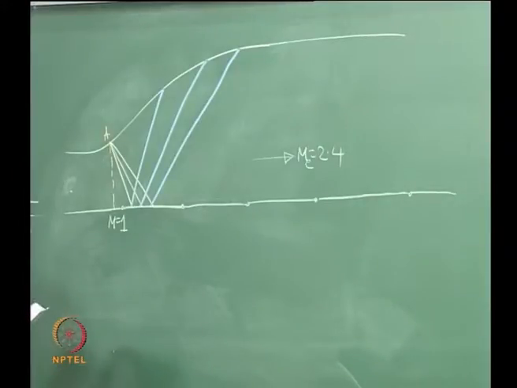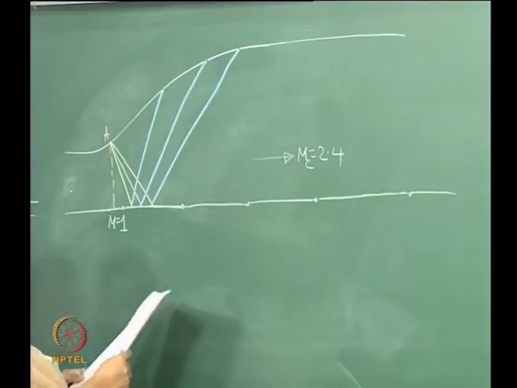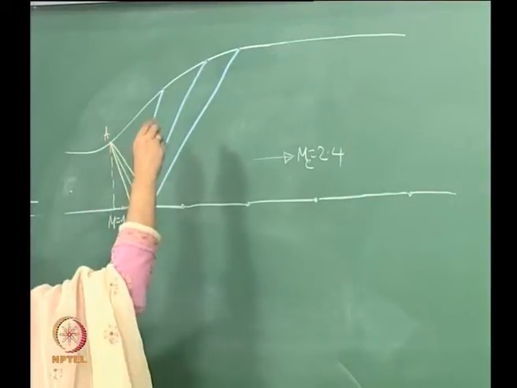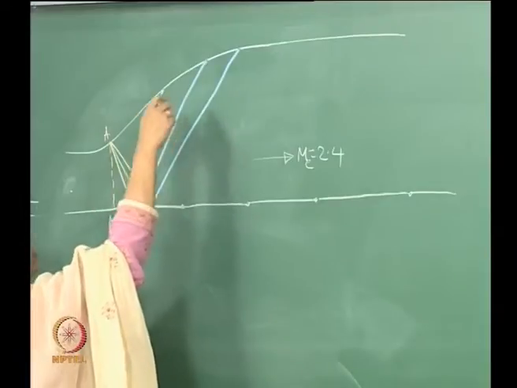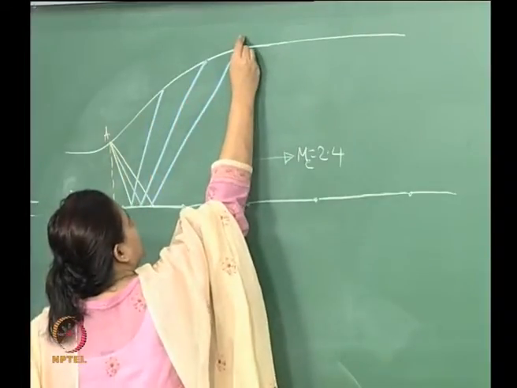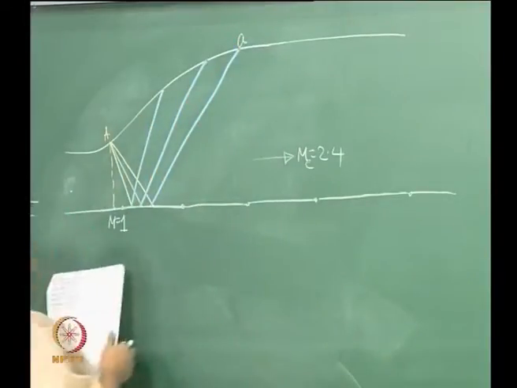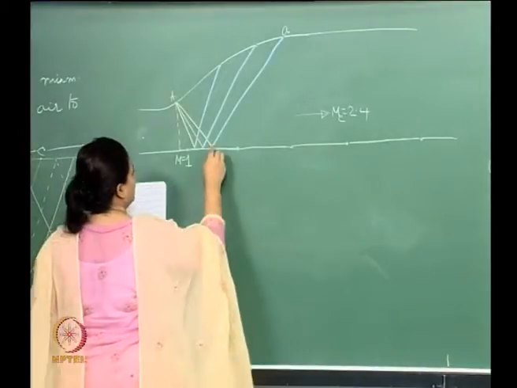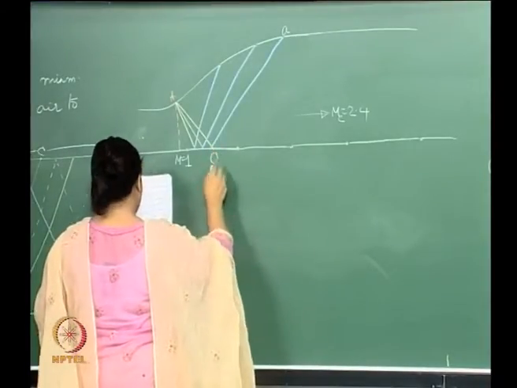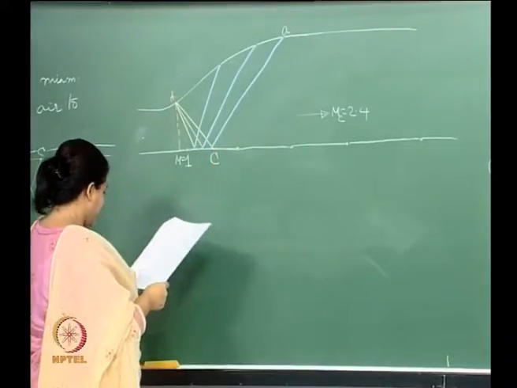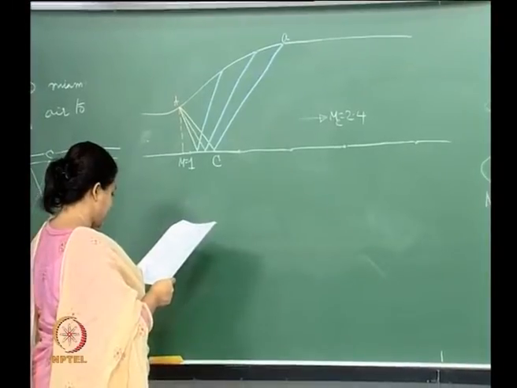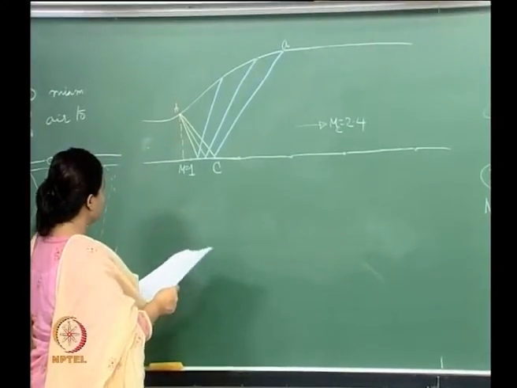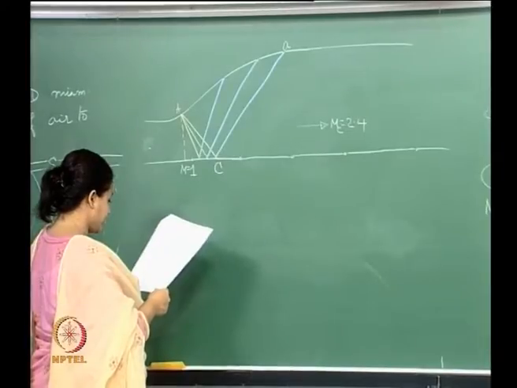So, this is the minimum length nozzle, and let us call this point small a. And let us call this point C.